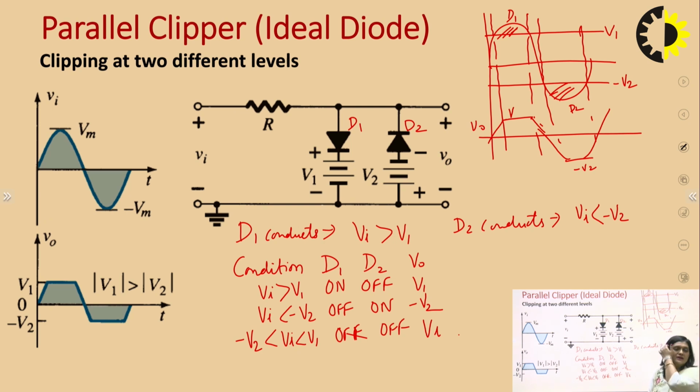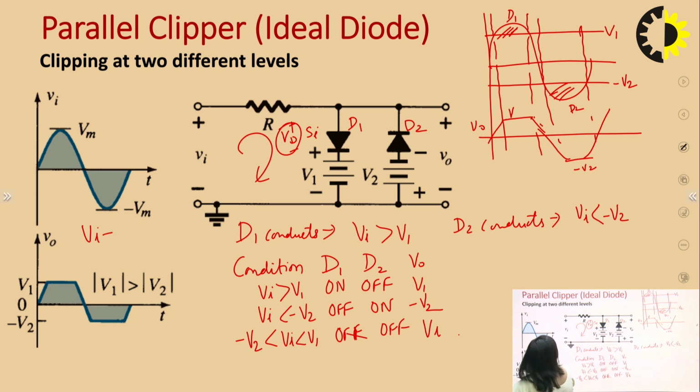In case of a practical diode, we have to adopt a different procedure. If this diode is a silicon diode, we will not simply check whether the P plate potential is greater than the N plate potential. We have to find the value of Vd. We apply KVL here: Vi minus Vd minus V1 is equal to 0.